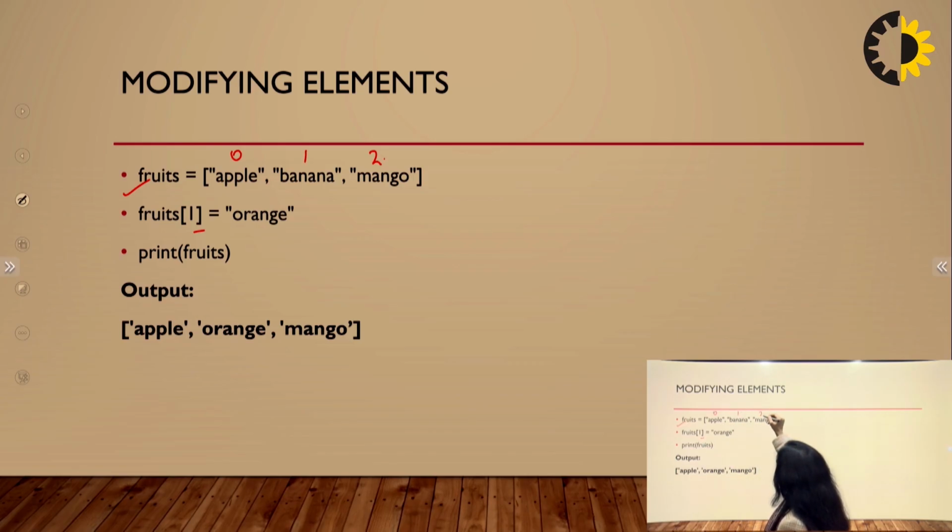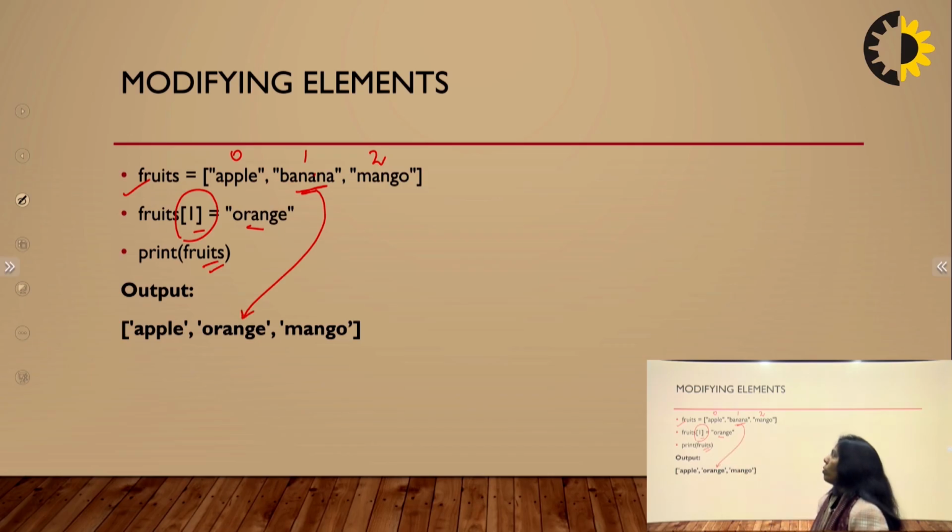The index is 0, 1 and 2, and it's asking to change the first position to orange. And then again, to check whether it has been changed or not, let's print it again. So we will see that at the first place, the value of banana is changed to orange. So this is how the list is mutable.